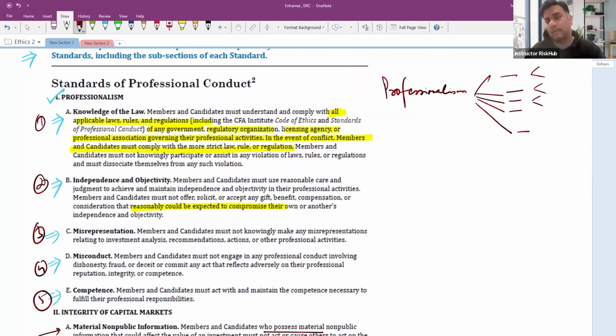So you should know that this maps to knowledge of law, and knowledge of law maps to your professionalism. Your mapping technique, your idea of understanding one thing related to another thing and then related to a third thing, is very, very important. So beware of that. Very, very important from the exam perspective.